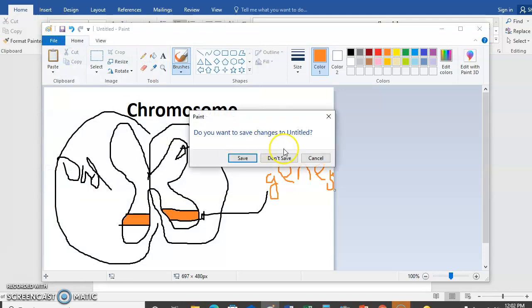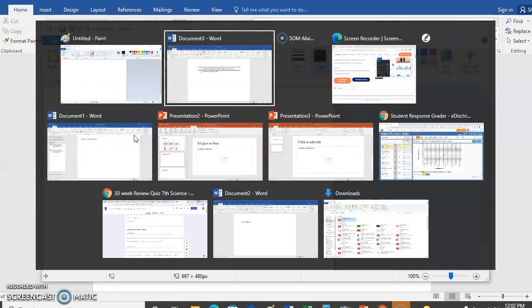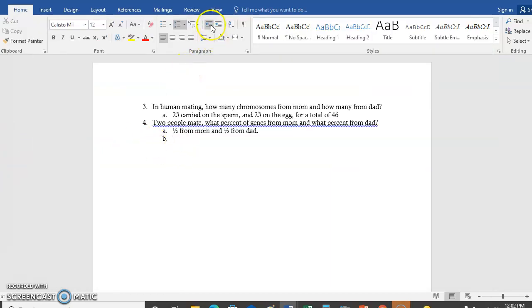Question 5. Explain why this is asexual reproduction and not sexual reproduction. First, let's talk about the definitions.